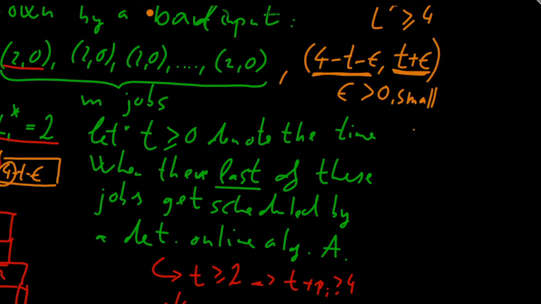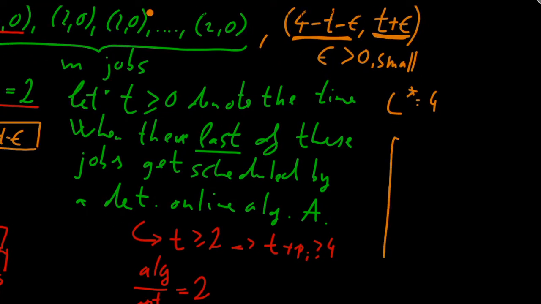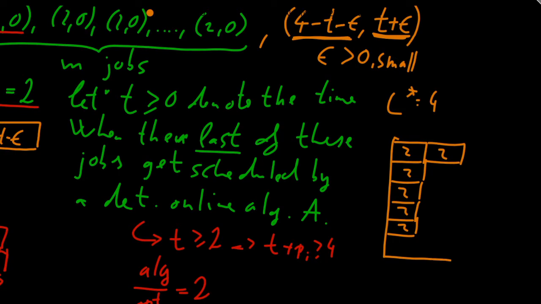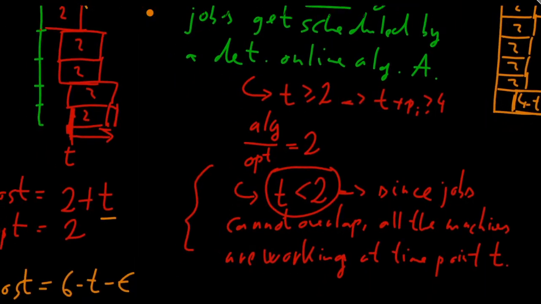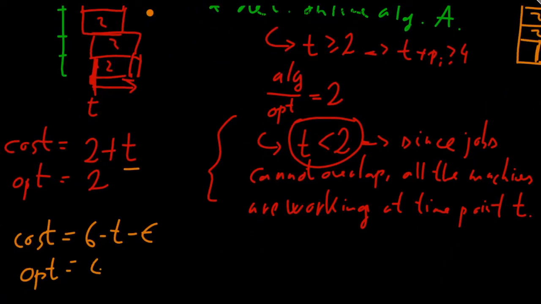And L star is actually 4 for this input, because similar to the previous case, I just have to put 2 jobs of size 2 on one machine and process the other jobs on some other machines, but the last machine is idle till t plus epsilon, and it will just process this last job as soon as it arrives. So in this case the cost will be 4, so 4 is possible to do. So the optimal cost is 4.